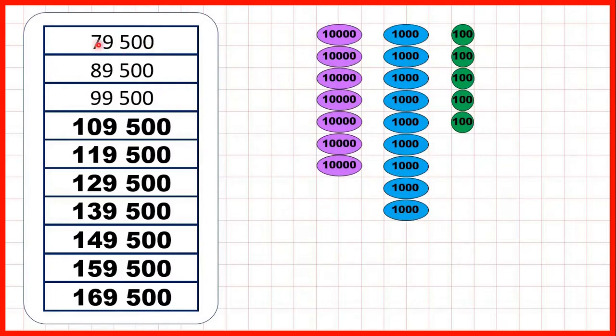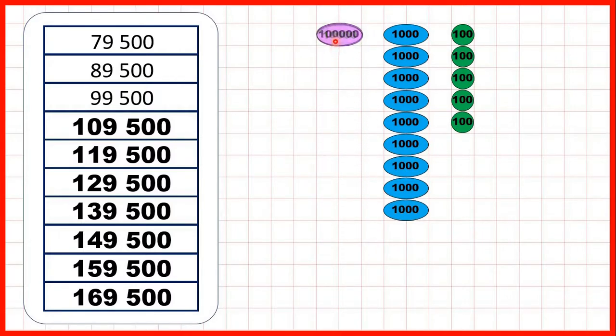So if we look back to this first sequence, we started with 79,500. So that's 7 10,000s, 9 thousands, and 5 hundreds. We were counting in steps of 10,000. So if we add 10,000 counters each time, once we've got 10 10,000 counters, we need to exchange those for a 100,000 counter, because we can only have one digit in each place value.